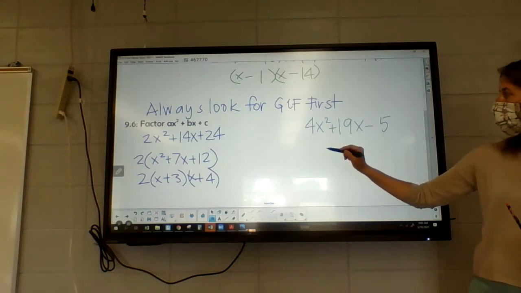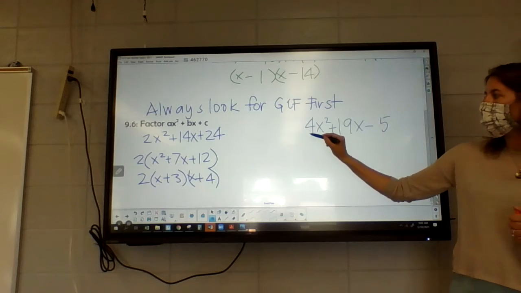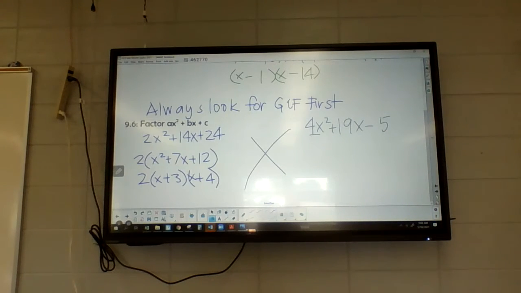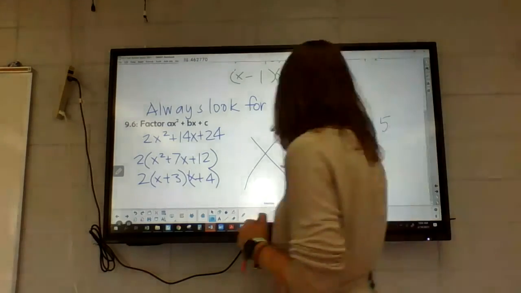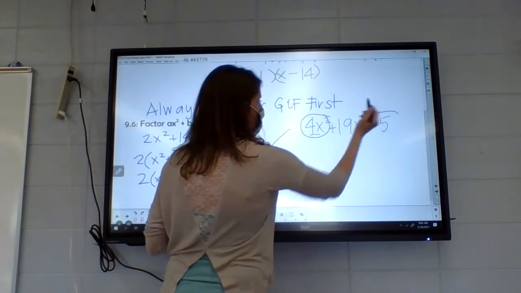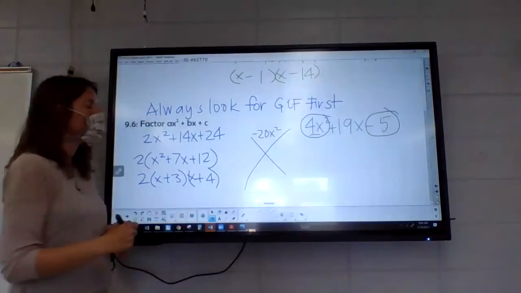Sorry. Minus 5. Sorry. So in this case, since there's the number in the front, this is when we have to do this type of factoring. So there's that number in the front. So first and last term get multiplied together and put on top.